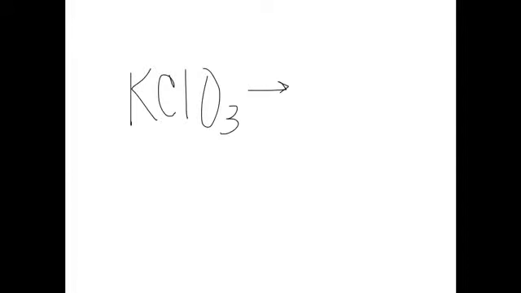An example of a decomposition reaction is the reaction of potassium chlorate, KClO3, to form potassium chloride and oxygen. Now, oxygen's a gas, oxygen's diatomic, so we always have to have that 2 there.